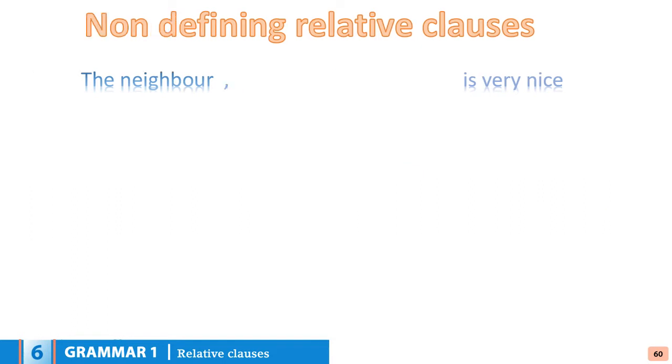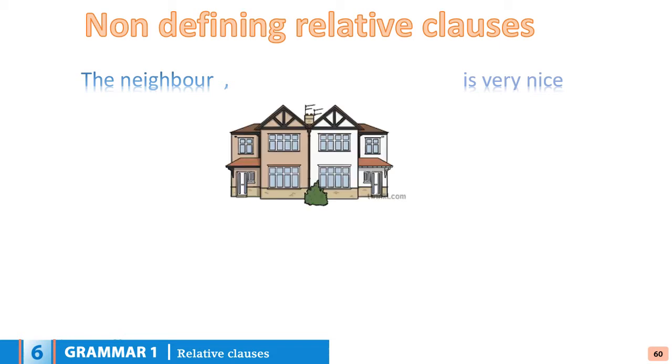Non-defining relative clauses. Take a look at this sentence. The neighbor is very nice. We live here in this house, okay? And we've just got one neighbor here. If I say to you, the neighbor is very nice, of course you know I'm talking about our neighbor.